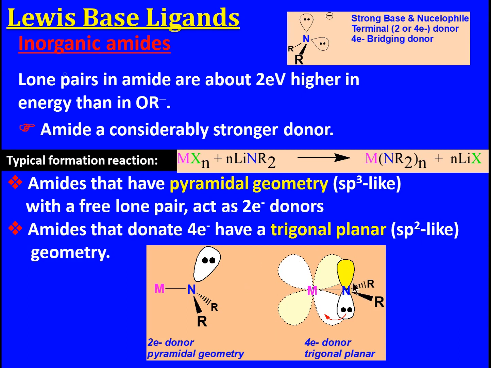In some complexes, we determine that the metal center is an 18-electron complex, and then if we need 2 more electrons, we can use the trigonal planar form of the amide, 4-electron donor. Whether the amide is a 2-electron or 4-electron donor depends on the nature of the metal center M.